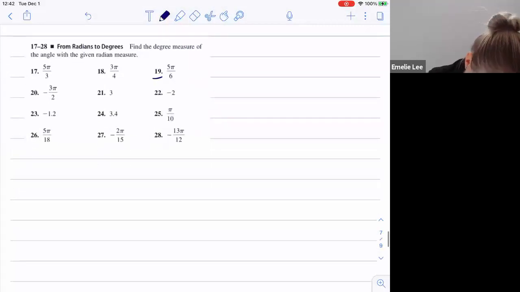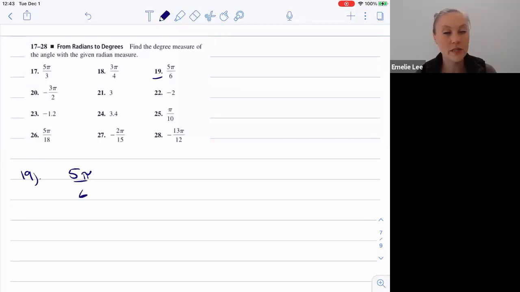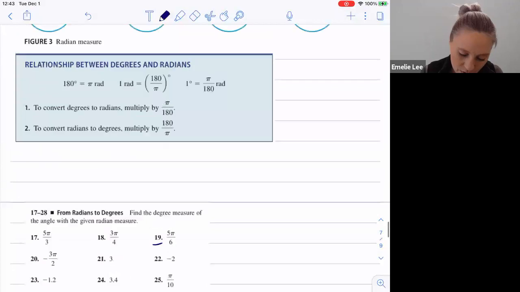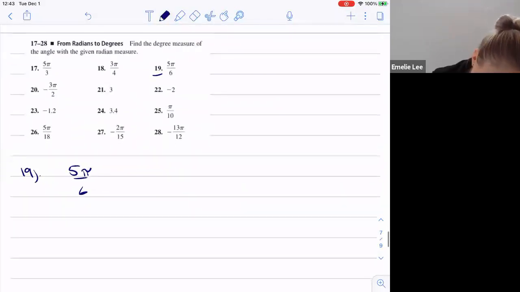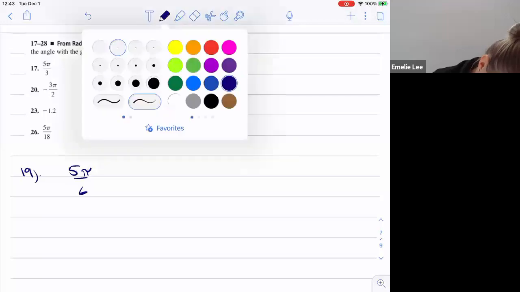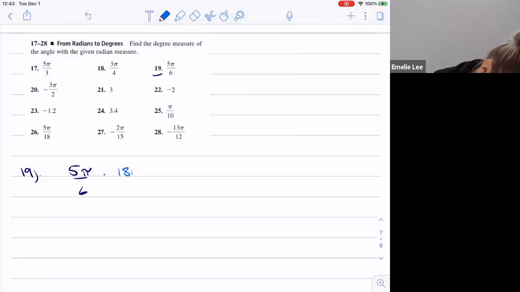Let's do number 19. We've got 5 pi over 6, no units, which means we're in radians. So to convert radians to degrees, we just multiply by 180 over pi. I'm going to use different colors, times 180 over pi. Notice that the pi's are going to cancel.